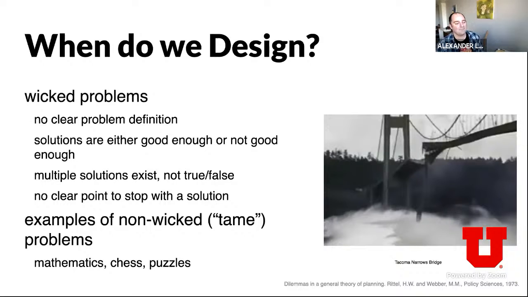So you can have multiple good solutions that solve the problem after a design process. They might solve it with different kinds of efficiency or with different pros and cons, but there are multiple solutions. And there's also not a clear point to when are you done, right? When have you successfully designed something?